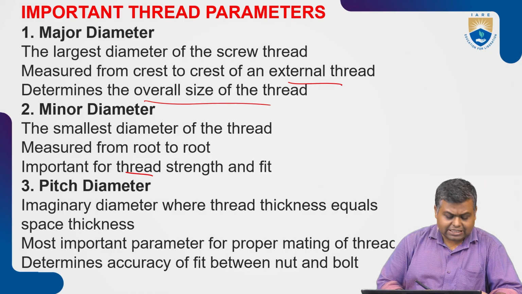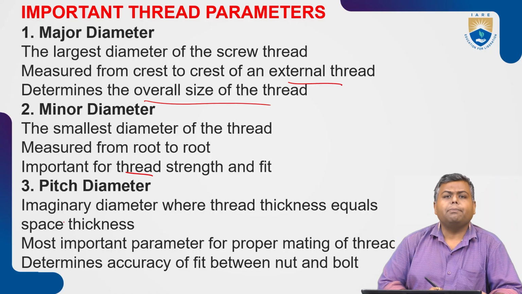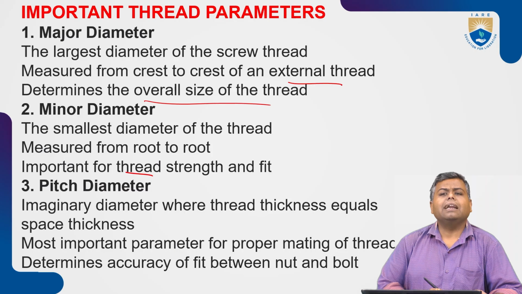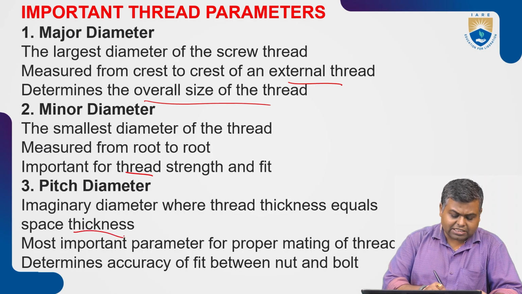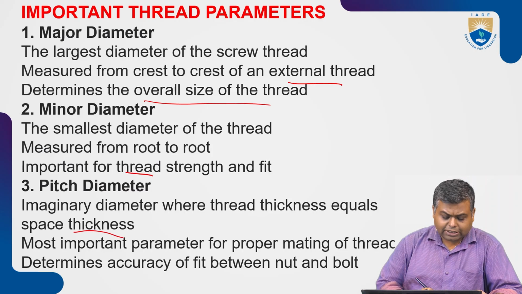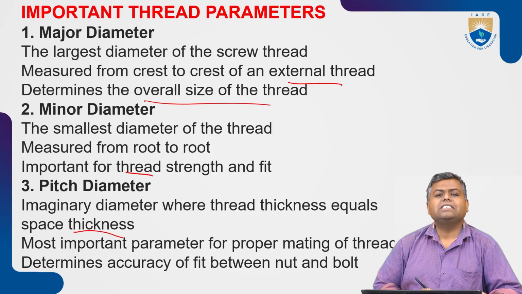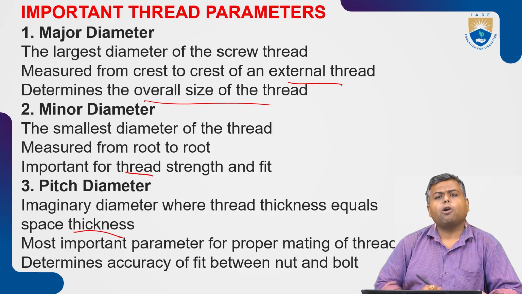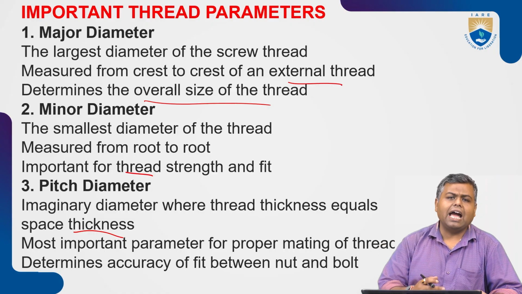The next is pitch diameter. Pitch diameter is the imaginary diameter where the thread thickness equals the space between threads. The most important one is pitch diameter. Why? Because proper alignment will take place with respect to this pitch diameter only.